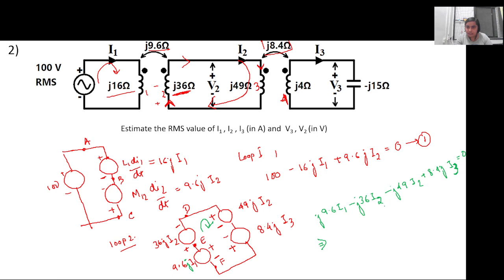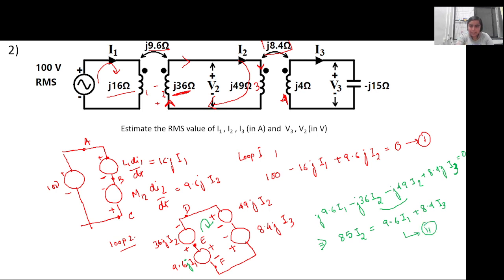Let's write I2 in terms of I1 and I3. So 36 plus 49 is 85. 85 I2 equals 9.6 I1 plus 8.4 I3. Let this be equation 2.